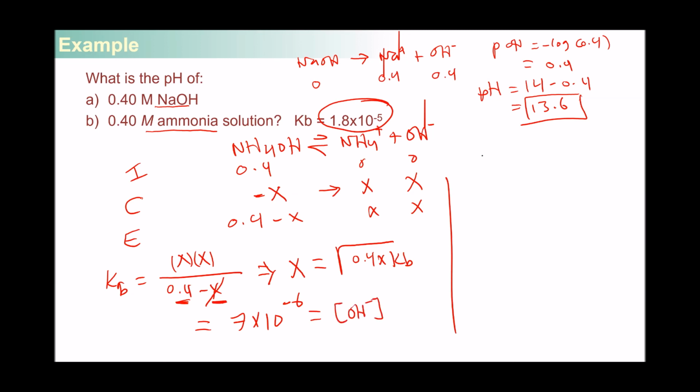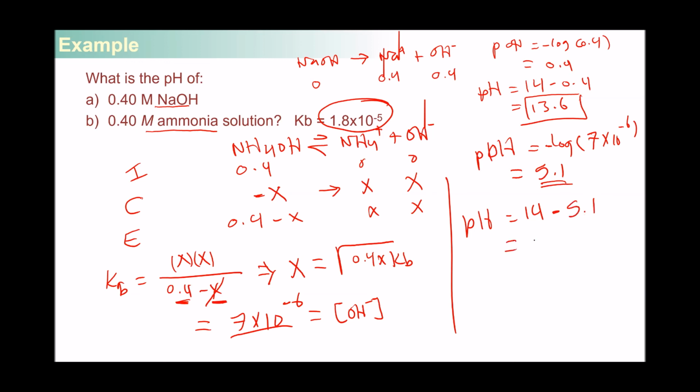So you basically can use this to calculate pOH for the sample. It's going to be negative log of the hydroxide ion concentration, which is supposed to be 5.1, which will make pH equal 14 minus pOH, which is 5.1.